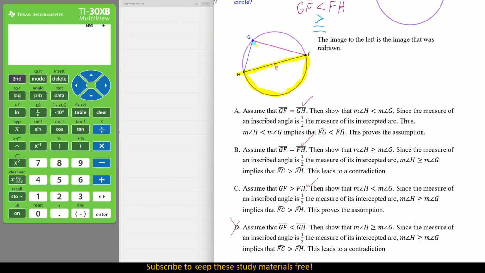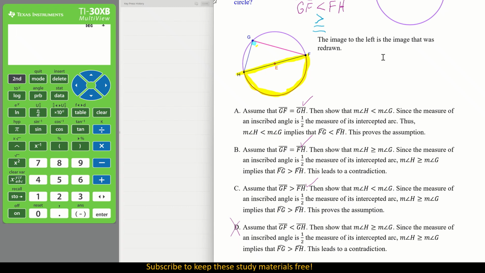And I'm not going to like it for another reason. They're saying it leads to a contradiction. Well, our assumption is what we're trying to prove. We can't say that we're trying to prove what we're trying to prove and then say that it's a contradiction that disproves it. So that's one reason I don't like it.